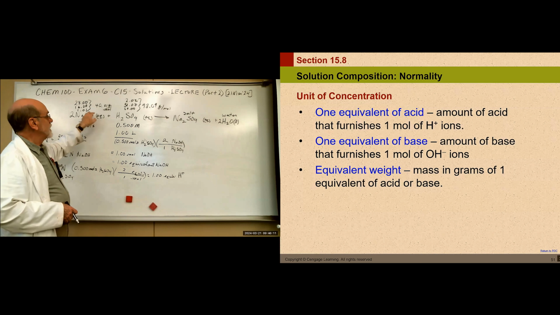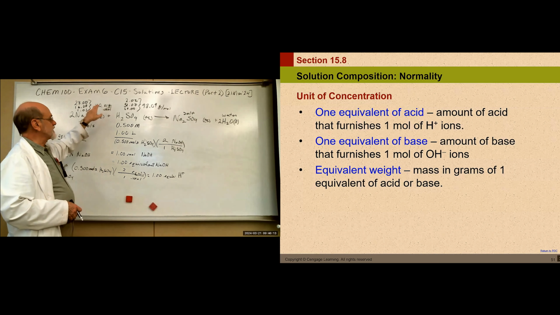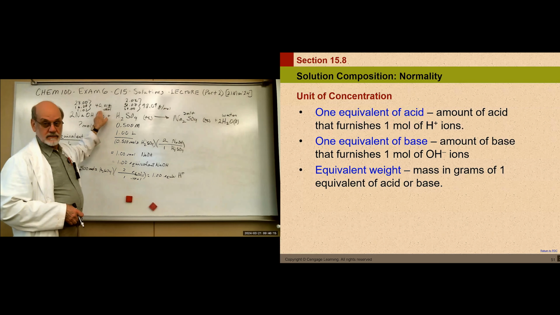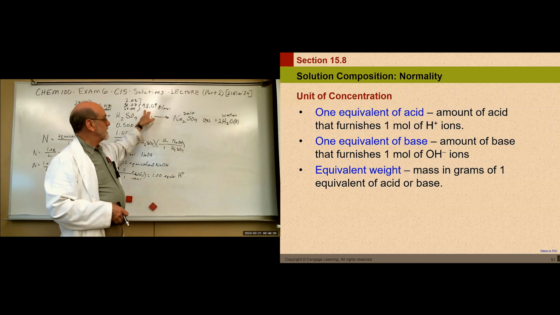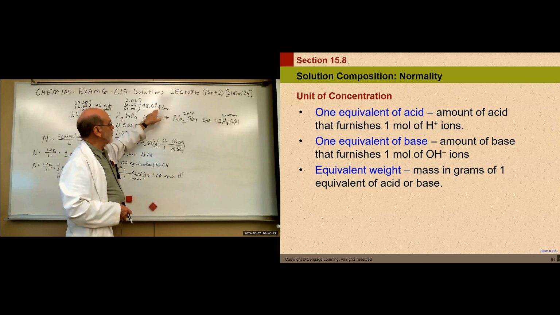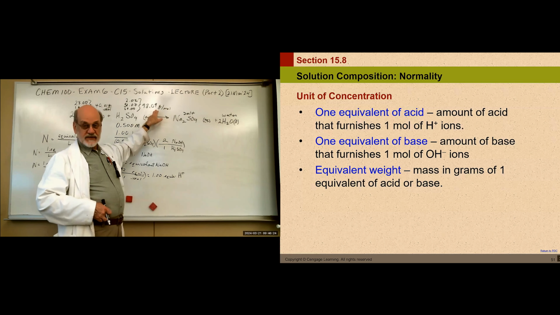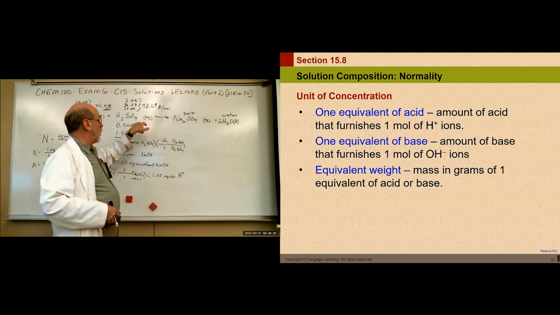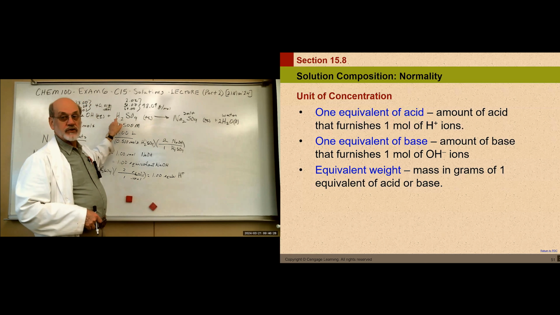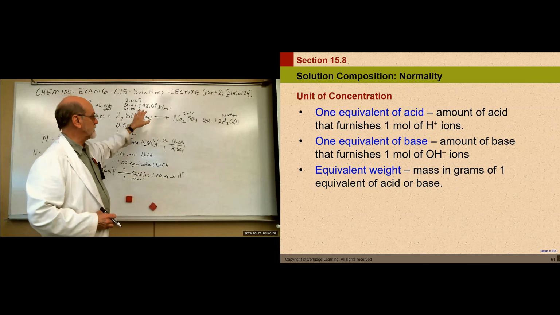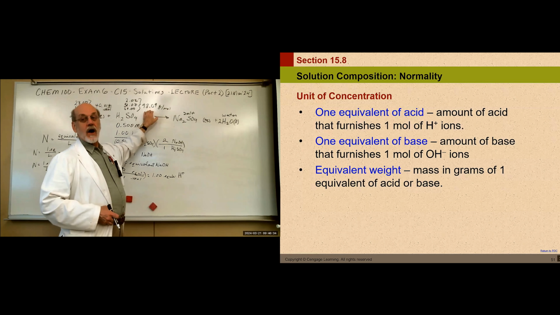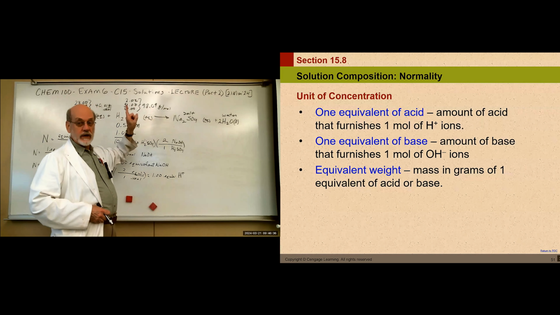So in this case, the equivalent weight is the same as the molar mass. However, for the acid, 98.08 grams of this acid will produce 1 mole of the compound, but 2 equivalents of hydrogen. So we only need half the weight of sulfuric acid to produce 1 equivalent of hydrogen.